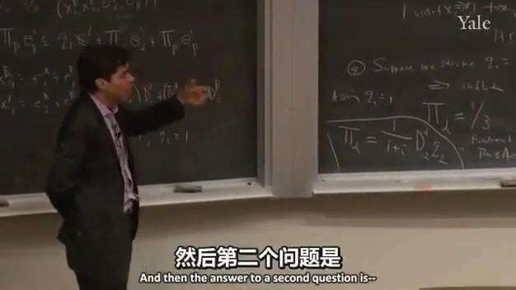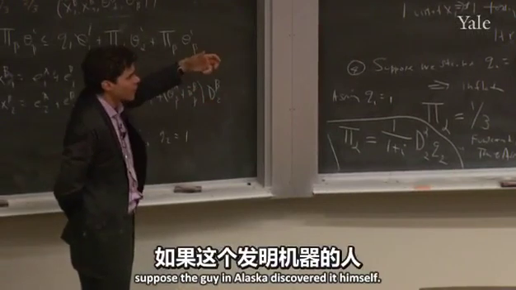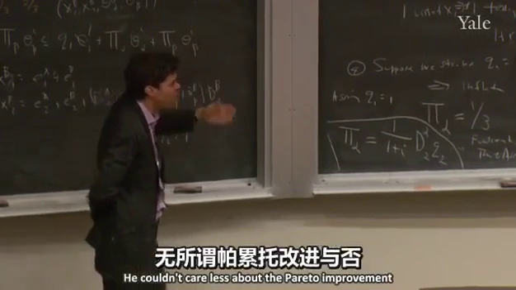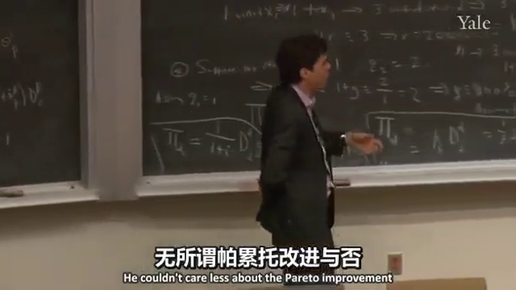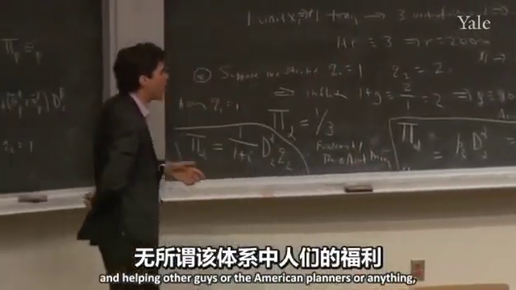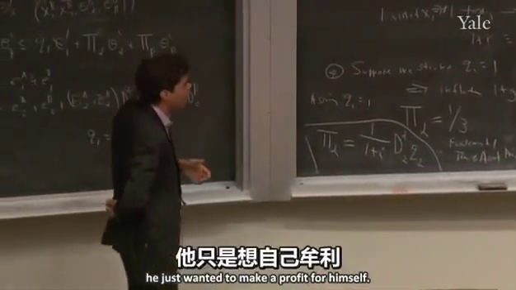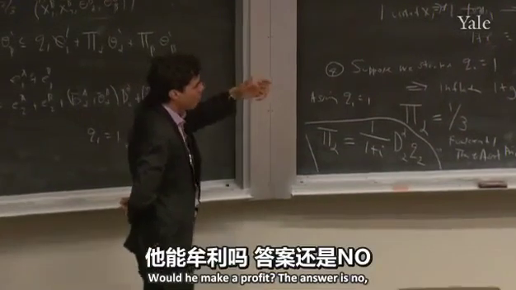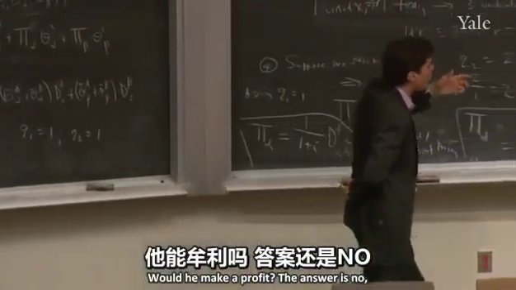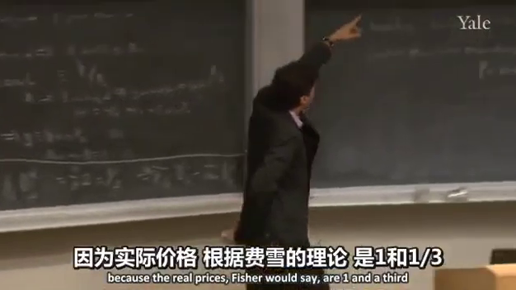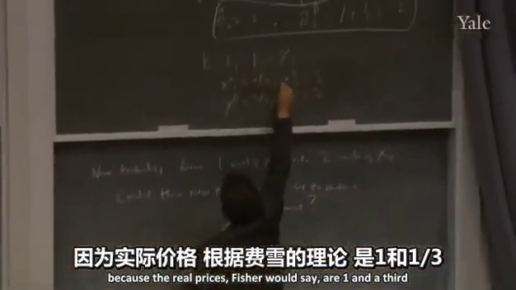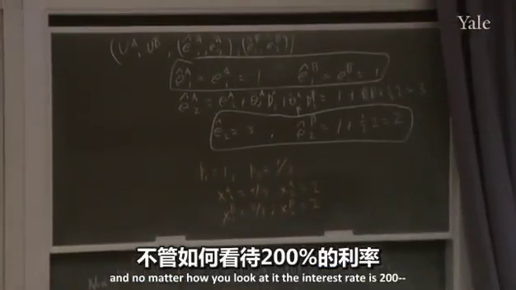And the second question is, suppose the guy in Alaska discovered it himself. He couldn't care less about the Pareto improvement and helping other people or the American planners. He just wants to make a profit for himself. Would he make a profit? The answer is no, because the real prices, Fisher would say, are 1 and 1/3.